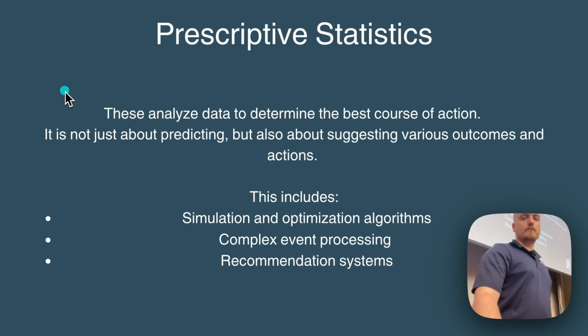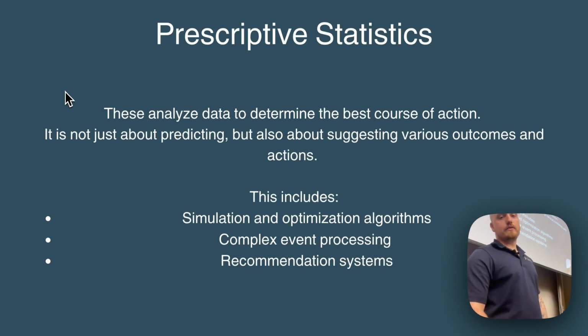Prescriptive statistics. These analyze data to determine the best course of action. So simulation and optimization algorithms, complex event processing, and recommendation systems. So we start to get in now to like the really deep learning recommendation system, not necessarily deep learning, but things that are really helpful for the business to start to understand, okay, what can we do next?